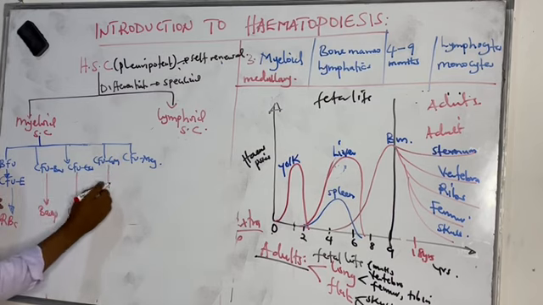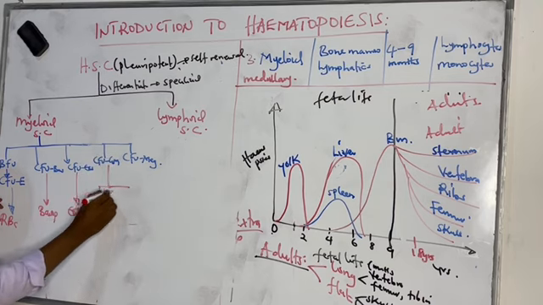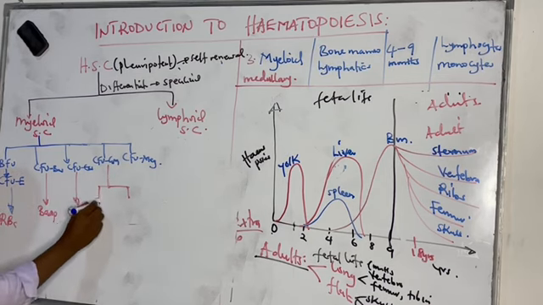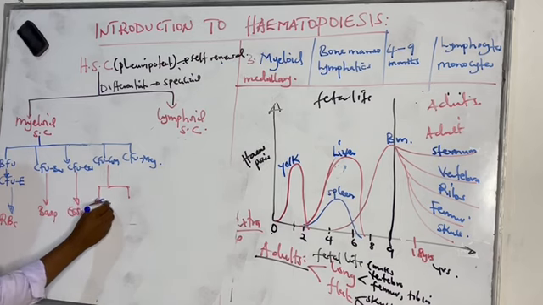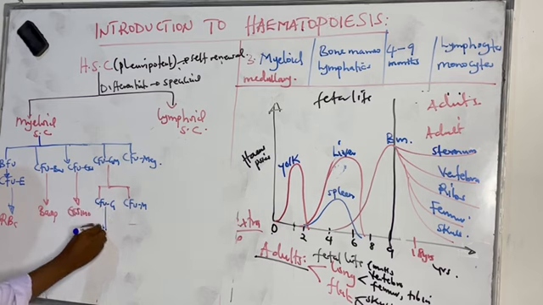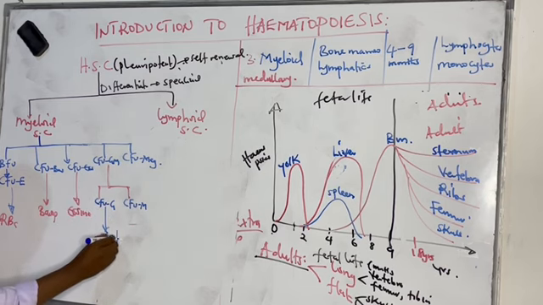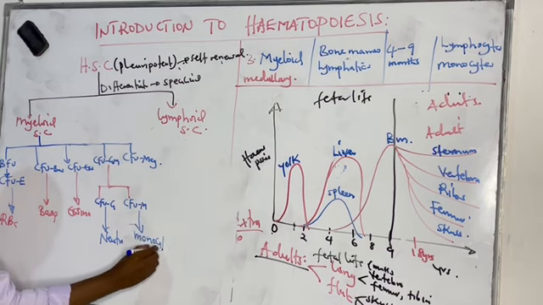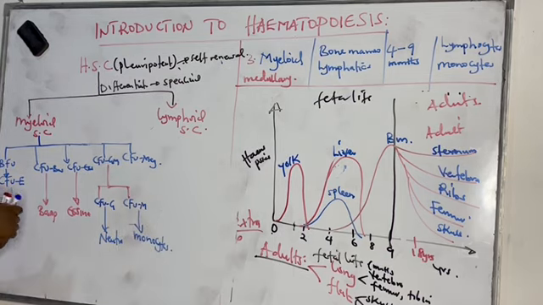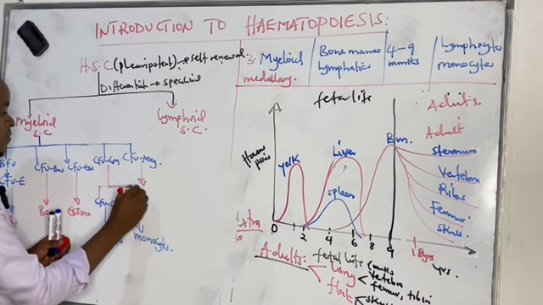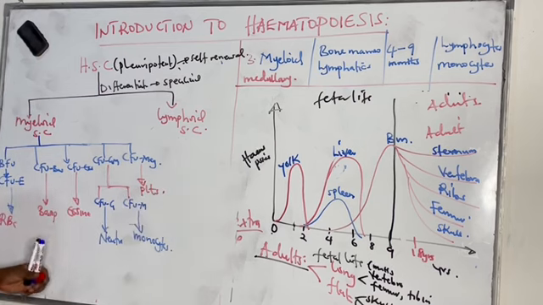And this one differentiates more to give colony forming unit G and colony forming unit M. This one, G, gives neutrophils, and this one gives monocytes. Then the colony forming unit megakaryocyte is the one that gives rise to platelets, or what we call thrombocytes.